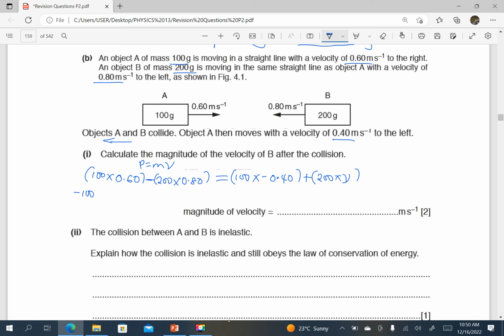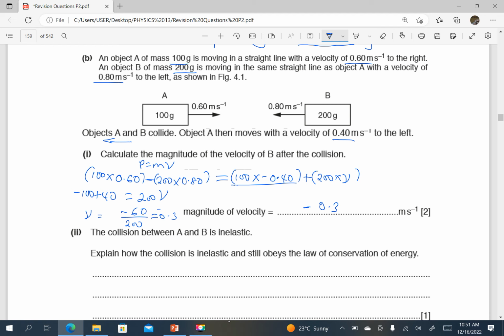That's negative 100, but I have 100 times 0.4, so this is going to be plus 40, because this is 40, negative 40. Then on the left I have 200 times V. So V is going to be negative 60 divided by 200. So 60 divided by 200, I think that is 0.3. So this is going to be negative 0.3.